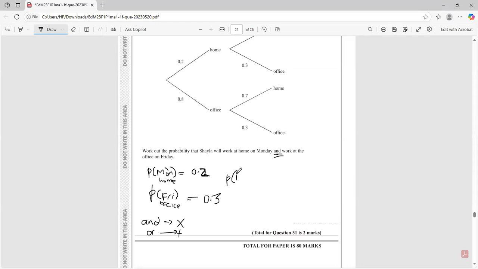Probability that you will work at home on Monday, I'm going to write it like this: H on Monday and office on Friday, F Friday office O, is going to be equal to 0.2 times 0.3. All right. So now 0.2 times 0.3.